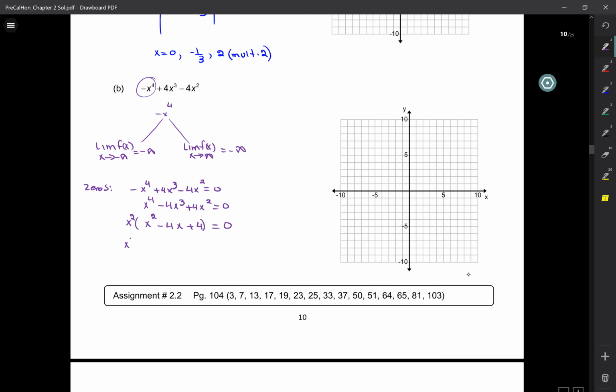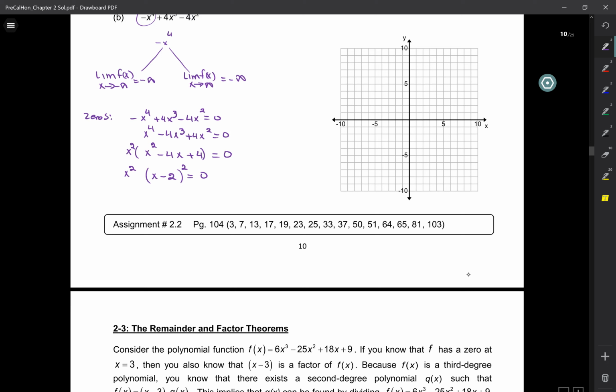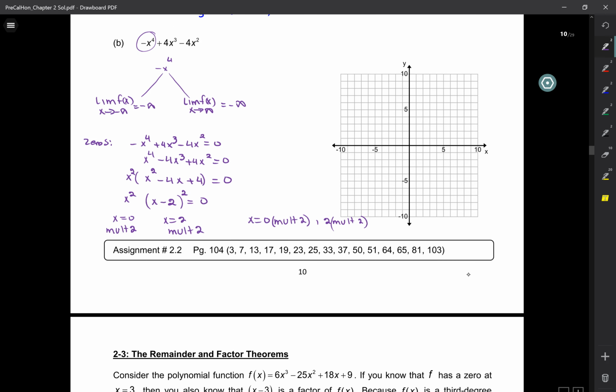All right, so here I have x squared, and I can factor this as x minus 2 squared, right? So what does that mean? That means x is equal to 0, and I have a multiplicity of 2, and x equals 2 with a multiplicity of 2. So the way we write that is x equals 0, multiplicity 2, 2, multiplicity of 2.